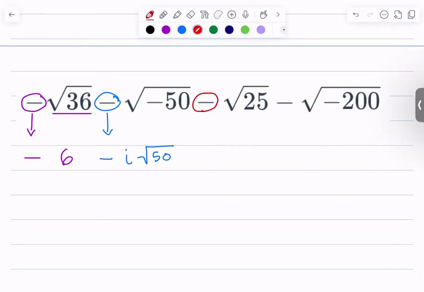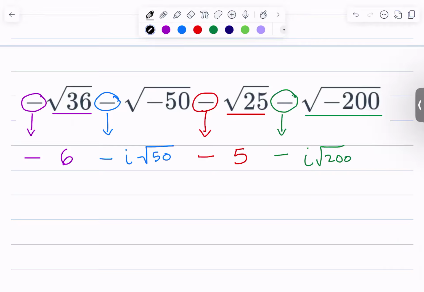Drop down this negative. Square root of 25 is 5. And then drop down this minus or negative. What is the square root of 200? The square root of 200 is just i square root of 200, right?